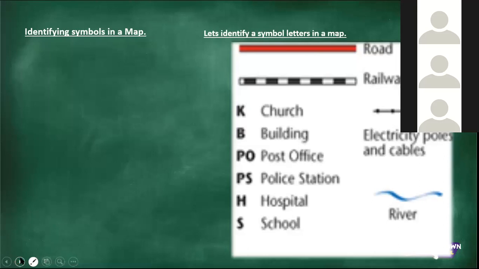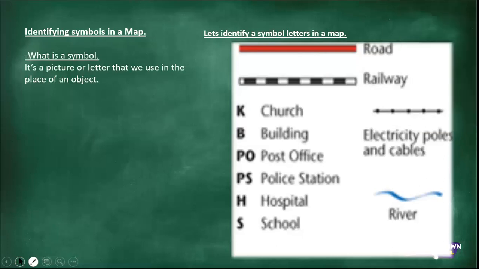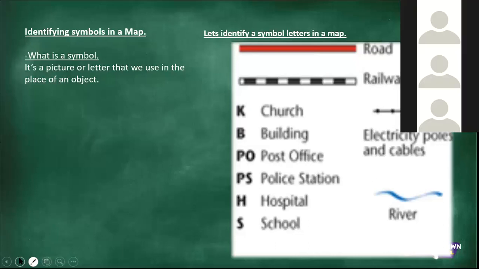Identifying symbols in a map. What are symbols? Symbols are a picture or letter that we use in the place of an object. So as you can see on this picture, on your left-hand side, we have objects.